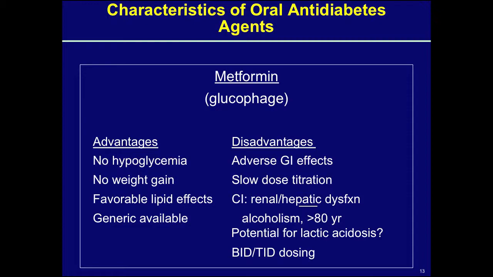And the latest consensus is that if the eGFR is above 45, you can use it just as you would if it's completely normal. If it's between 30 and 45, the max dose should be 1/2 of the usual max dose, and if the eGFR is under 30, you should probably not be using it.